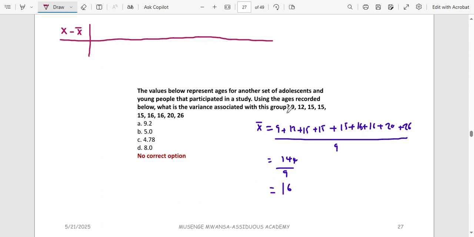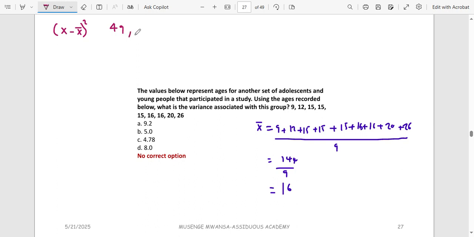The first value is 9. Actually, I'm going to be doing this: I get the value, I remove the mean, and then I square. So for the first one, it is 9 and the mean is 16. So 9 minus 16 is negative 7. Square that, it will give you 49. Go to the next one, which is 12. 12 minus 16 is negative 4.